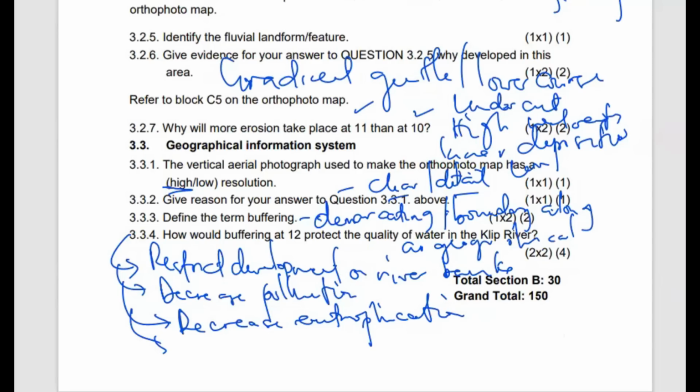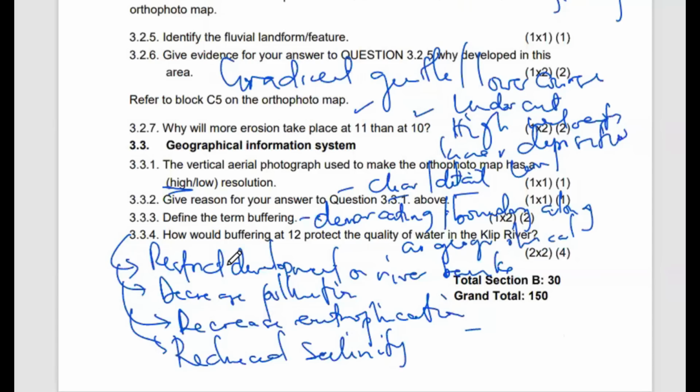And also, we can talk of reduced salinity. The addition of salts in the water is going to be limited, and ultimately the water quality is going to be good because of the boundary that would have been put around the river. So if we check around those arguments, that can be detailed arguments towards the sustenance of water quality because of the application of buffering in the river.